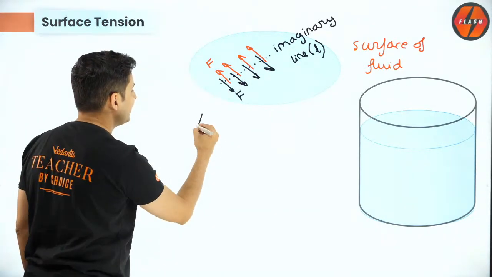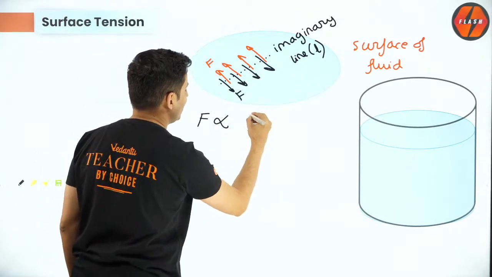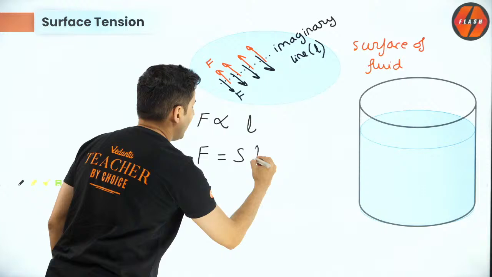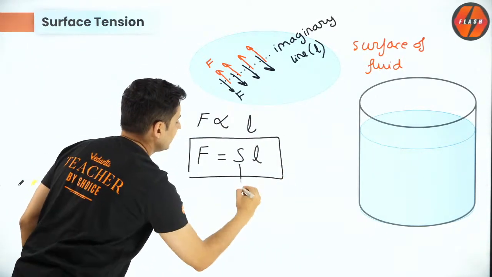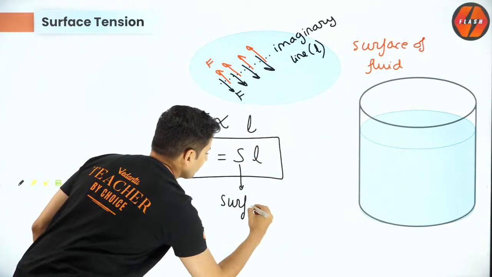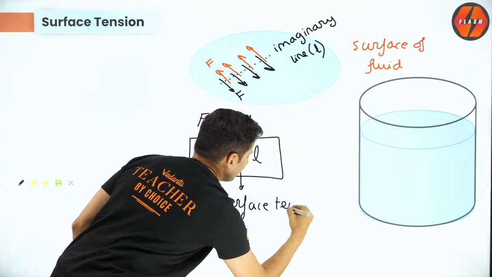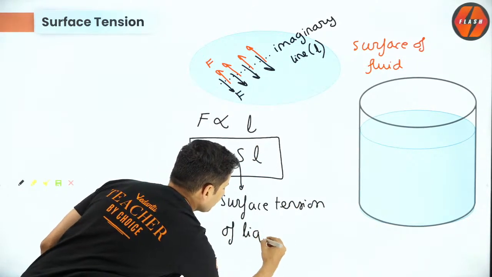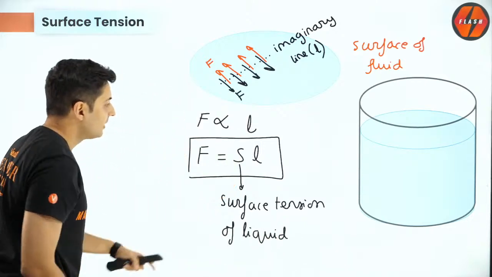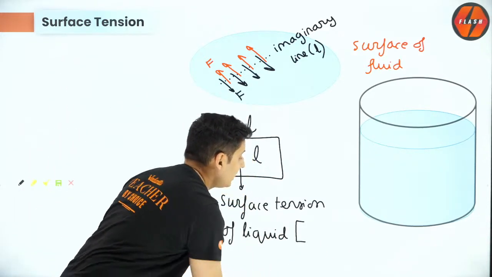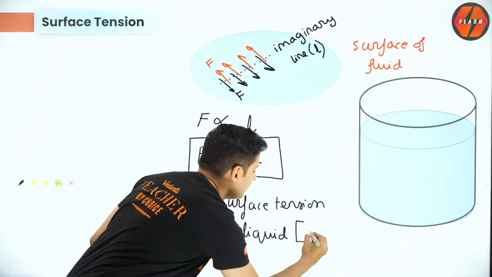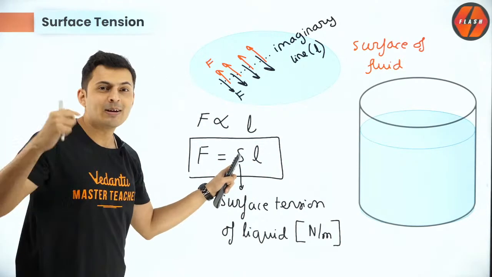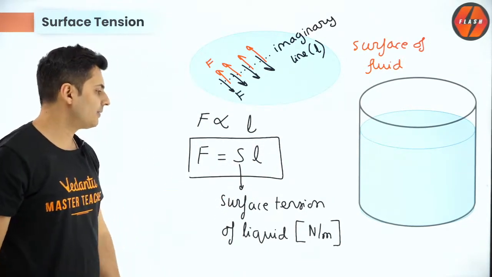Hence, basically, this force is proportional to the length, and that constant of proportionality is called S, and that is nothing but the surface tension of the liquid. So please understand, the surface tension of the liquid is not in newtons, it is in newtons per meter. It's a force per meter which is called the surface tension.